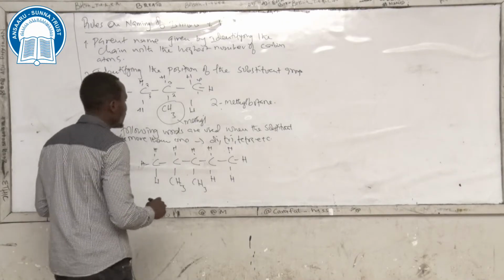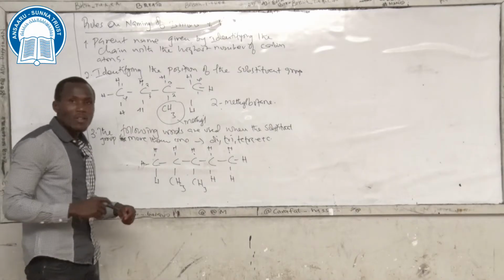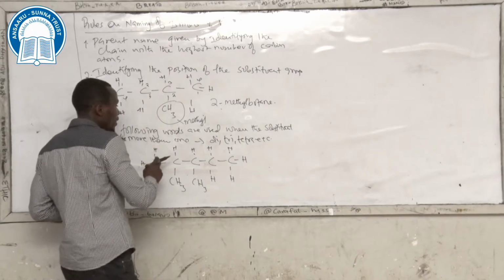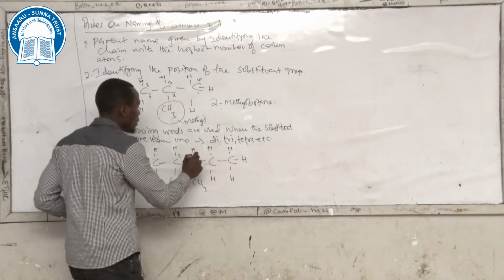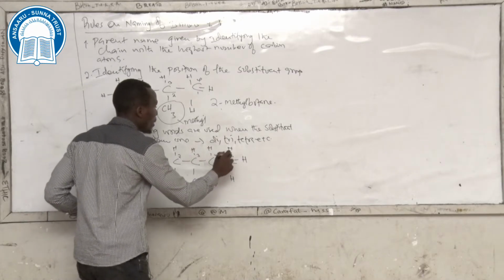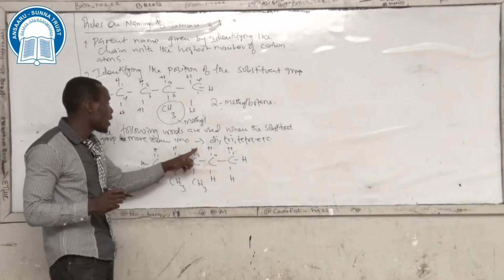So we have two substituent groups, a methyl and a methyl. If we start naming the carbon atoms from this end, this is carbon number 1, 2, 3, 4, 5. Therefore, the methyl groups are found on carbon number 2 and carbon number 3.